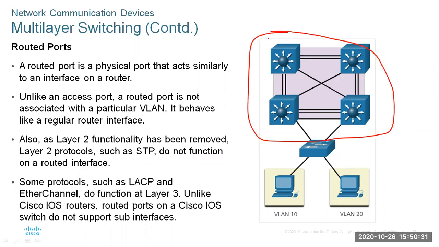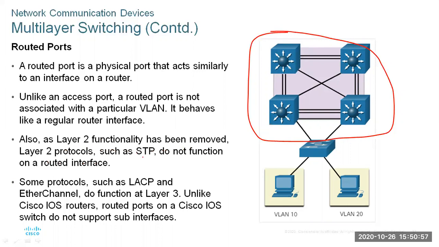So this is a multi-layer switch. See it here, meaning that it can serve as layer 2 and it can serve as layer 3, and it can do routing. Okay, so a routed port is physically a port that acts similarly to a router. Unlike access ports, a routed port is not associated with a particular VLAN, so it behaves like a regular router. Also, layer 2 functionality has been removed.